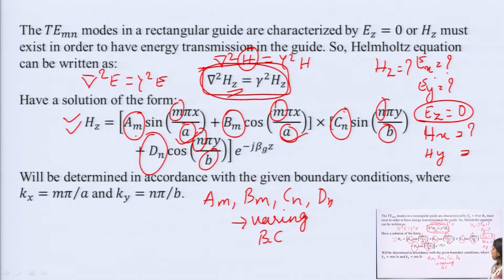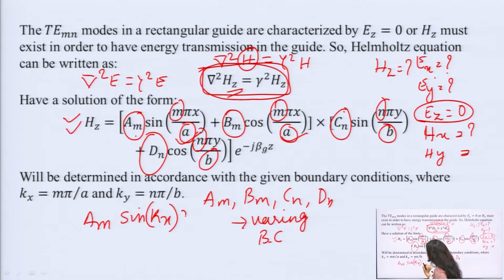So, as per the boundary condition, Kx, normally we used to write it as Am sin Kx x.